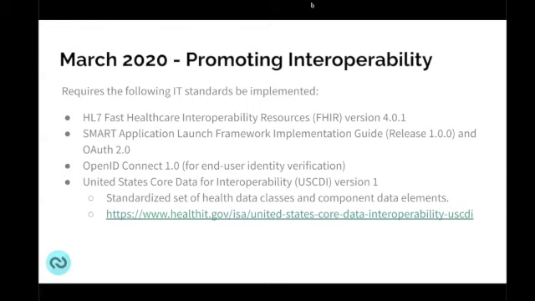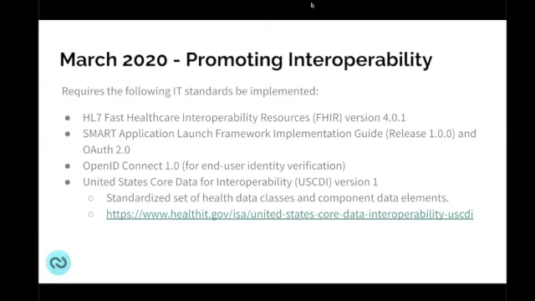So the key ones that were put in place or will be put in place when these become effective are HL7 FHIR. FHIR, in particular, version 4.0.1 becomes a requirement. The SMART Application Launch Framework, Release 1, so the Implementation Guide Release 1, and that is in line with OAuth, so OAuth version 2.